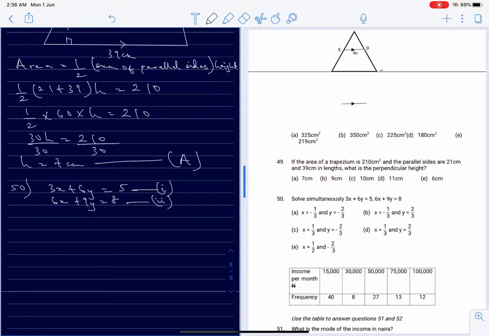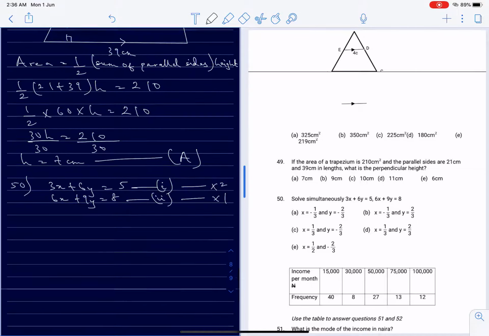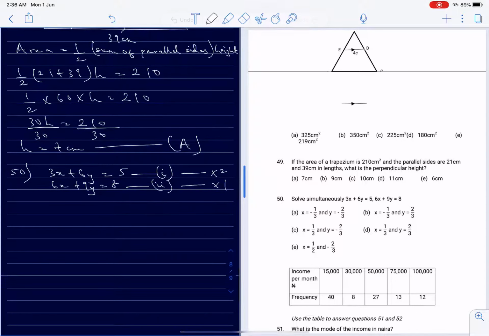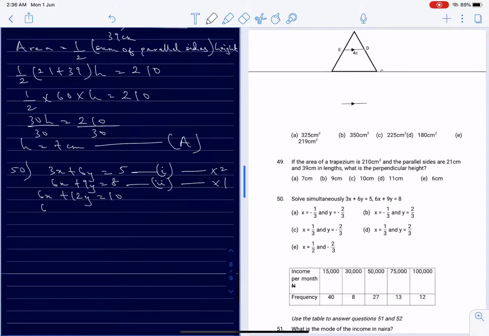I want to eliminate x first, so I'm multiplying equation 1 by 2 and equation 2 by 1 just to make their coefficients of x the same, 6. So that means 6x plus 12y equals 10, and equation 2 remains what it is, 6x plus 9y equals 8.